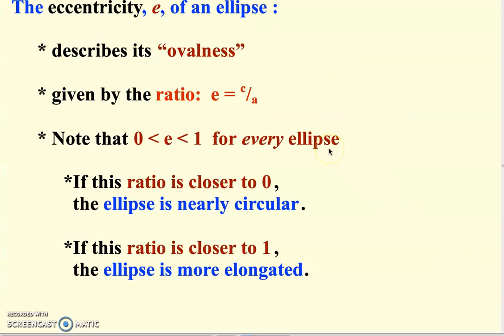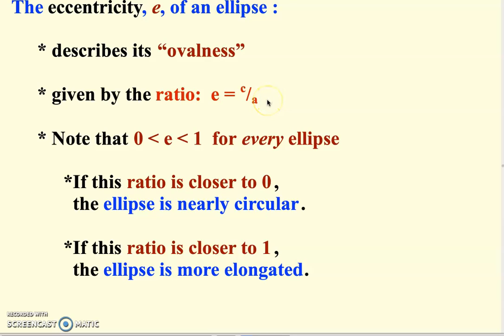One last thing: every conic kind of has its own little unique thing going on. Like when you talk about parabolas, you've got the directrix. You wonder, what is that? What does it do for us? It doesn't actually help us draw the graph, but we do graph it. The ellipse has a kind of weird, unique thing. It's called eccentricity. It is a relationship of C to A, so it's a ratio of the focal distance to the distance to the vertex.